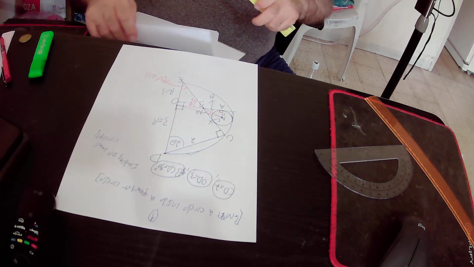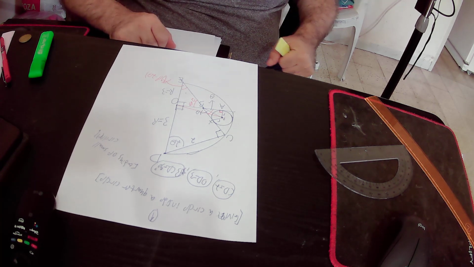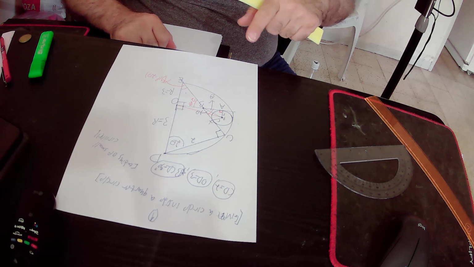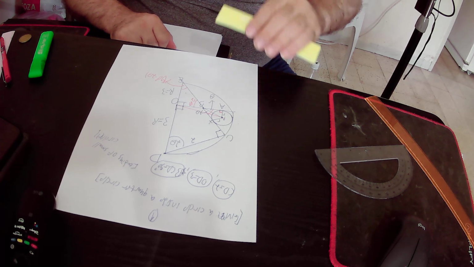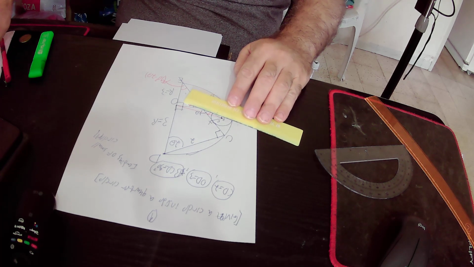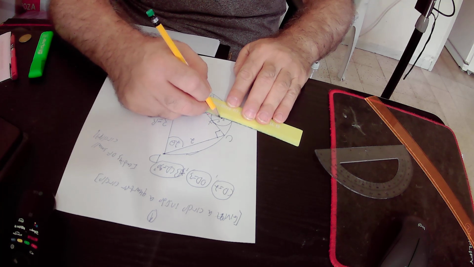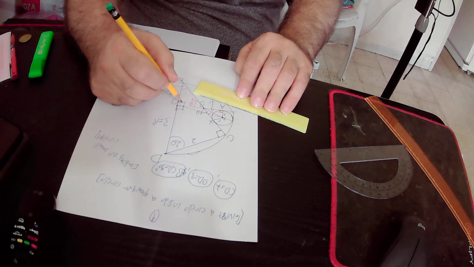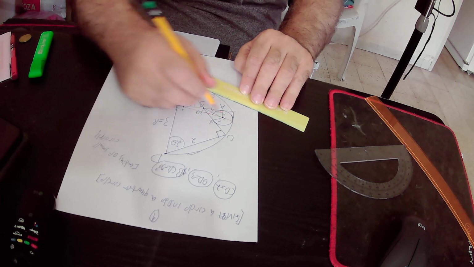And we will extend PO until it touches the semicircle at point M.